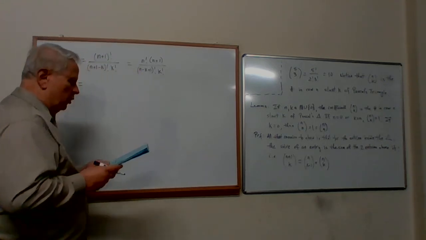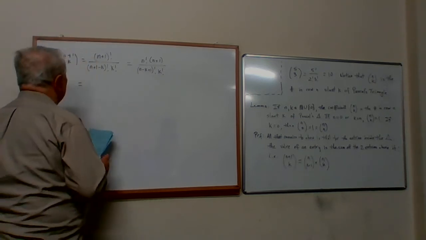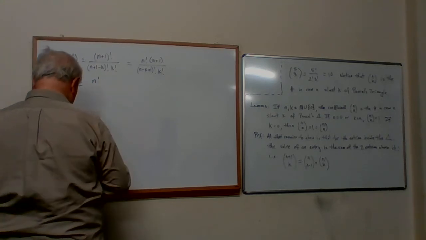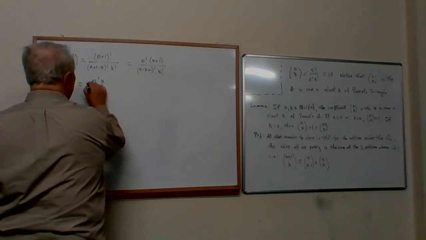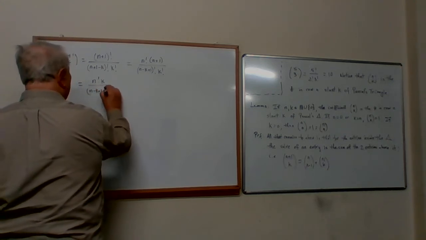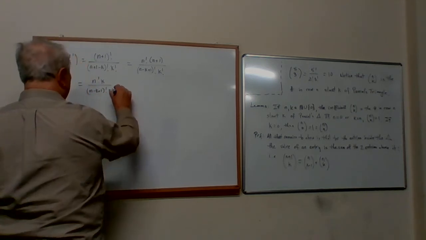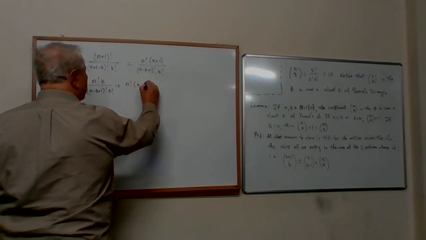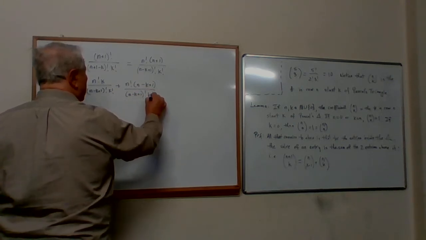Okay. Now, I'm going to add and subtract something on top. This is equal to n factorial times k over n minus k plus 1, copy the bottom, k factorial, plus n factorial times n minus k plus 1 over n minus k plus 1 factorial times k factorial.